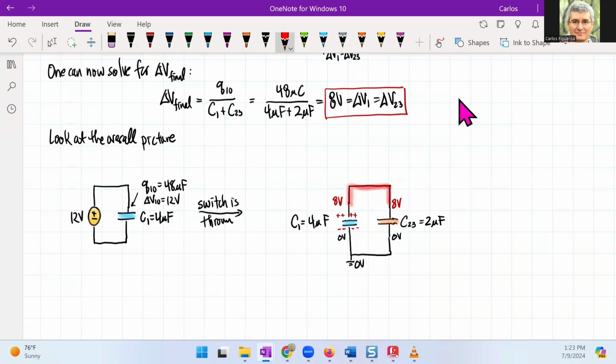Now I can go in and start to calculate the charges on each of the capacitors because I know the voltage.